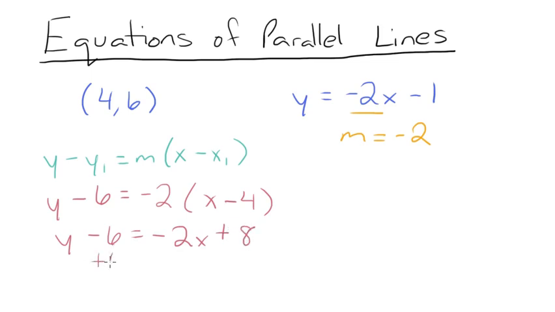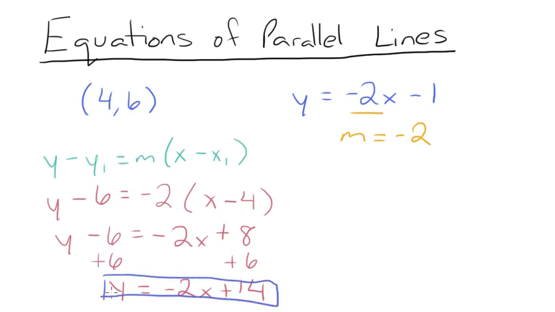Then we'll add 6 to both sides and get y equals -2x plus 14. So our answer is y equals -2x plus 14. This is the line that is parallel to the line y equals -2x minus 1 and passes through the point (4, 6).